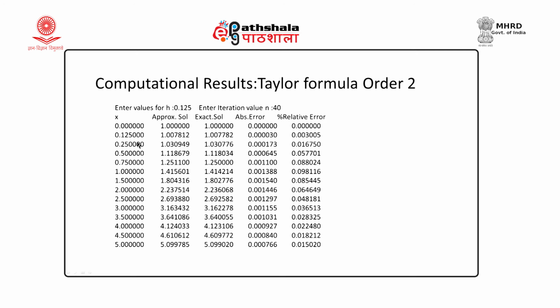Finally, at the interval of 4, I have shown you the steps. At 5, we see 5.099, so up to 3 decimal places we are getting zeros, with an error of 0.000766, because h is still very small. As the h cube power becomes smaller, the truncation error goes on becoming smaller, and the percentage relative error has come down to 0.015%.